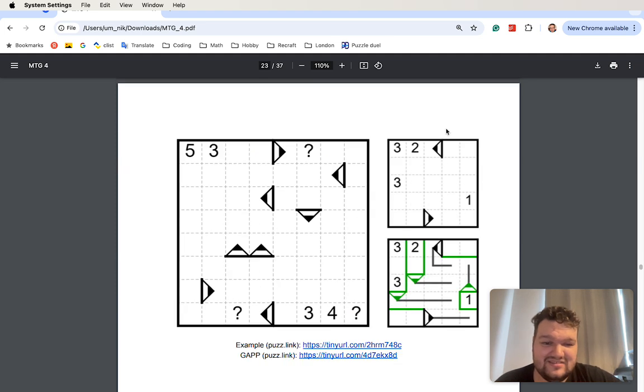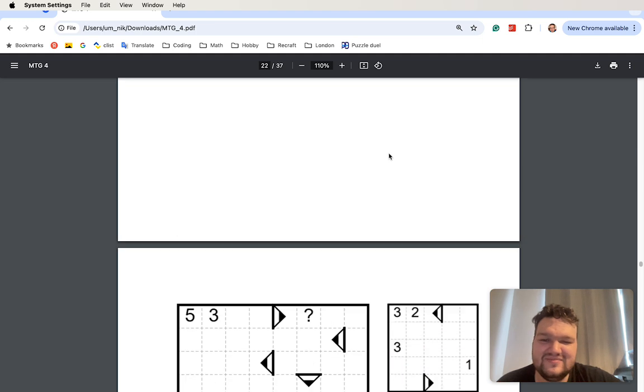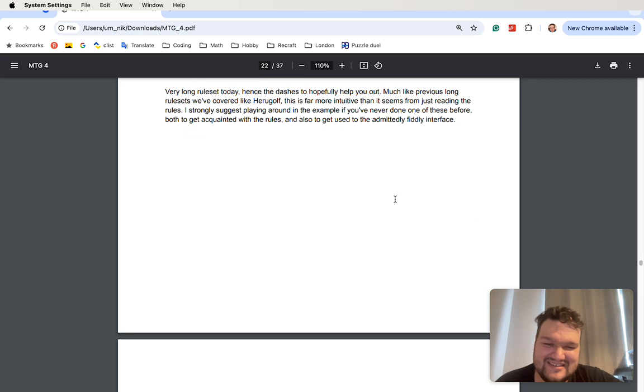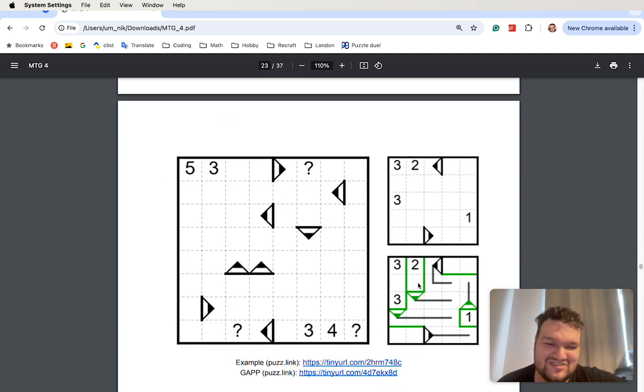Yeah, so we can be given some pencil tips, so we know that there must be a pencil going left here and going right here. Pencils may exist without a number clue, pencil tip clue, or either clue. So there can be a pencil that is just somewhere.